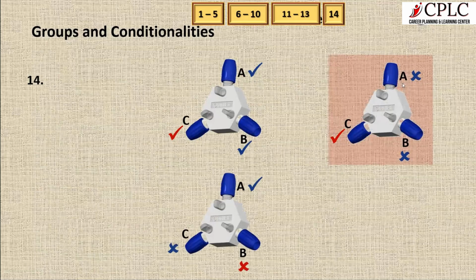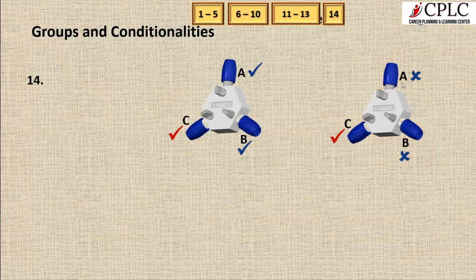According to the given conditions, in the second way, A is open and then C is closed and B is closed. So let us again refer to the conditions given. So these are the two conditions about C.